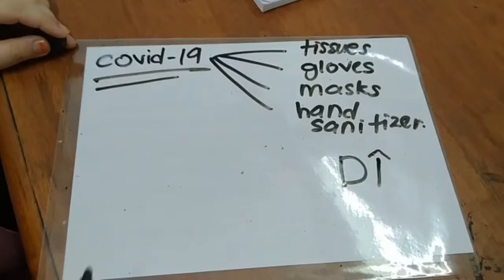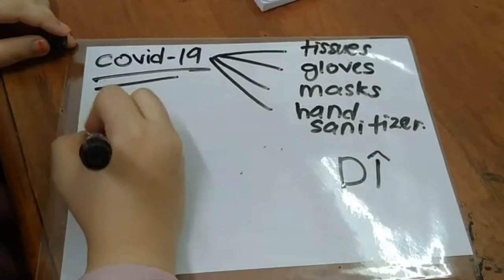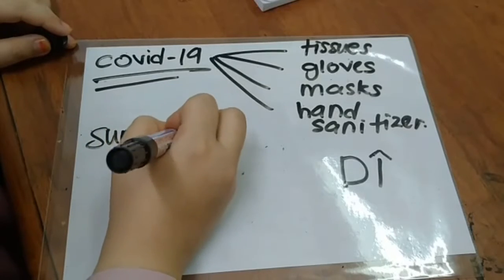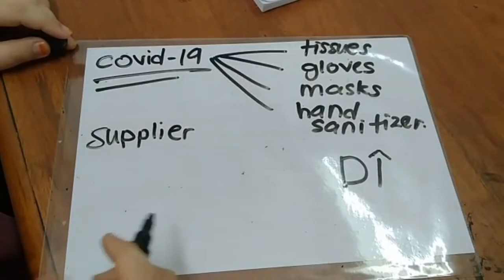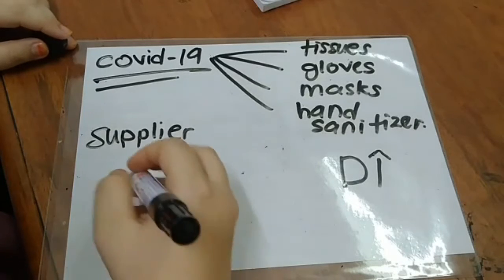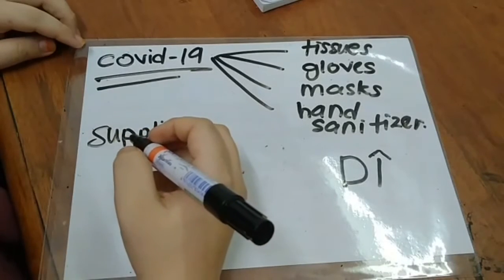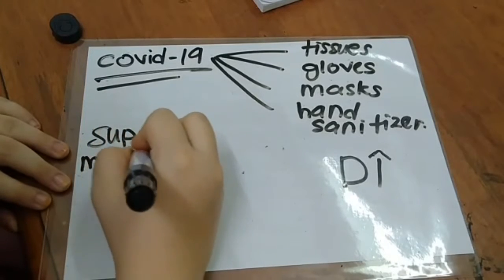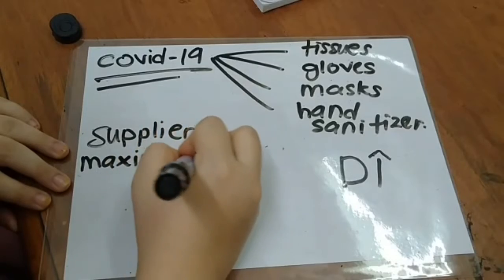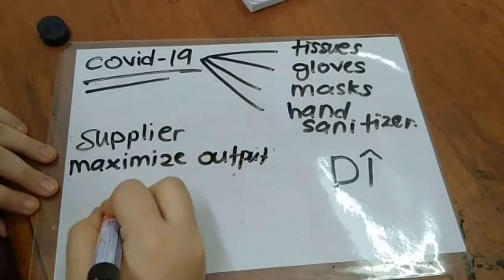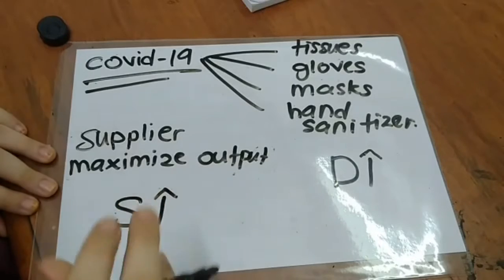The supplier wants to maximize their profit, right? So what happens? They will maximize their output, so the supply also increases.